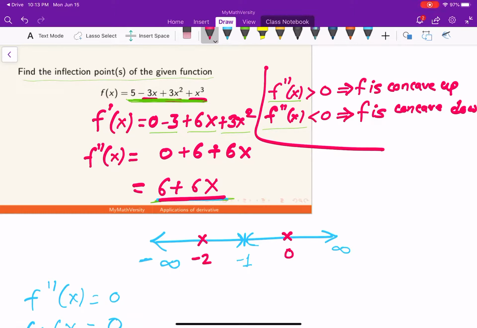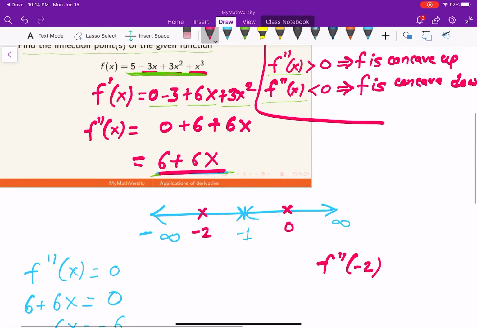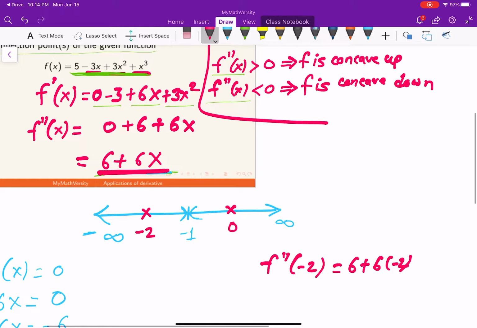So what do you get here? What is f double prime of negative 2? Since the second derivative is 6 plus 6x, that will be 6 plus 6 times negative 2, right? And what will that be? 6 minus 12, which is actually a negative number. So it turns out that the second derivative is negative here.